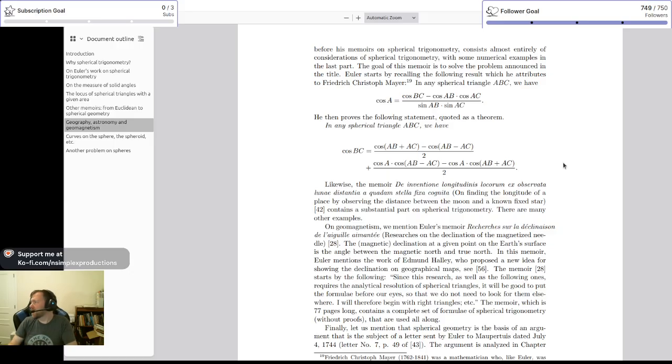Well, if you did that, all you need is the angle. All you'd need is the elevation of the moon. You wouldn't need to know where it is compared to a fixed star. Yeah, I don't know. If anybody can think of a reason, let me know.